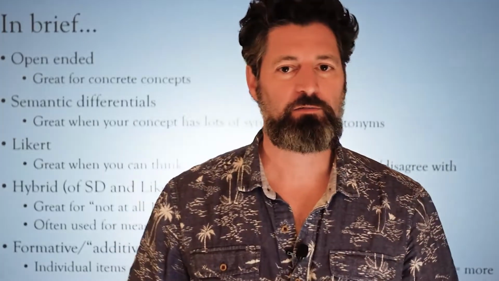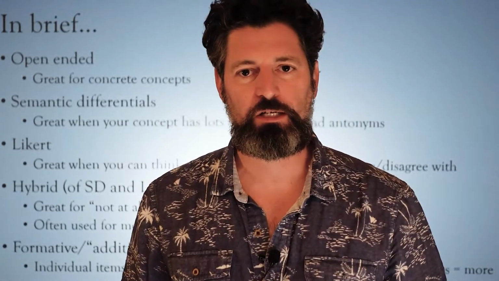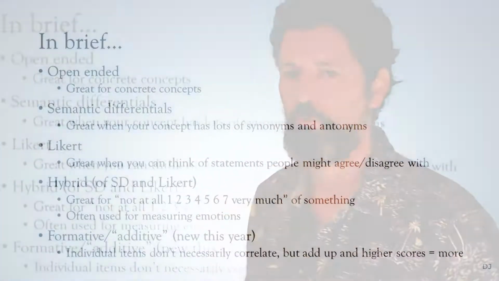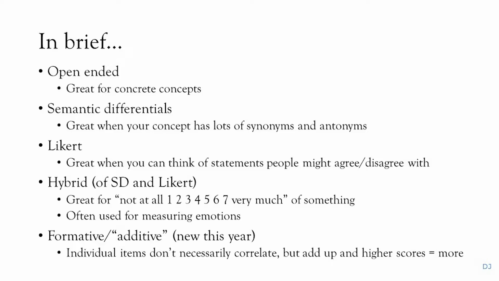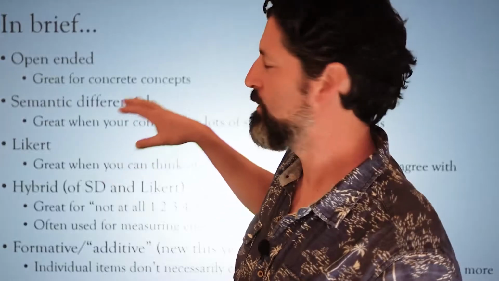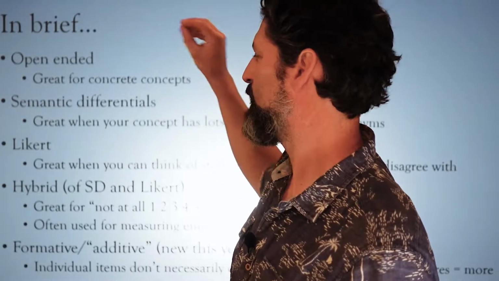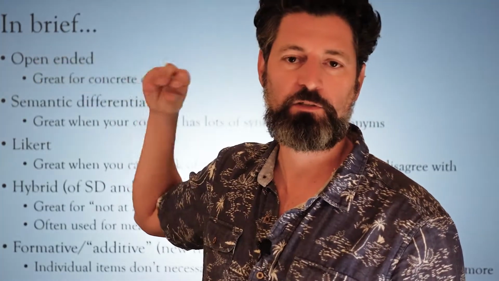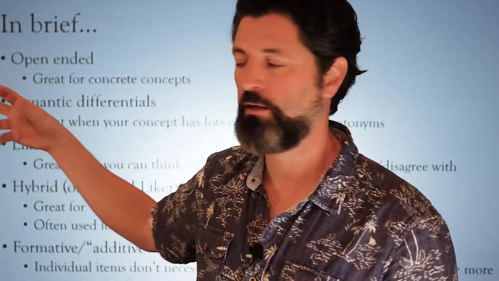Also, there's another kind of scale that you see sometimes in psychology, and this actually comes up in class a fair amount, what I like to call formative or additive summative scales. Those scales are a little bit different than the others. The first scale we talked about, open-ended, you're just counting something, so you're getting one number. It's usually a single item scale.